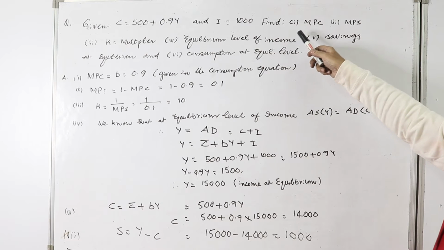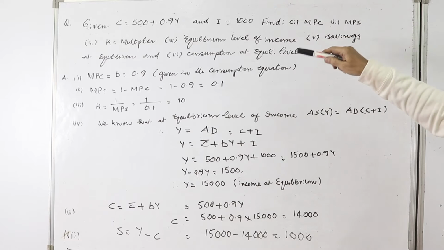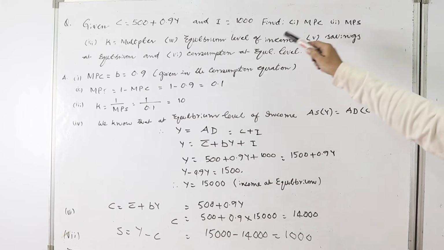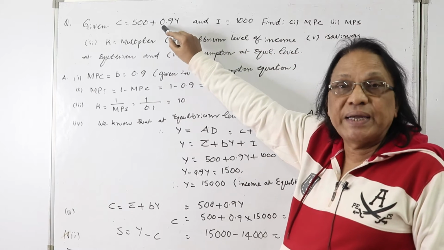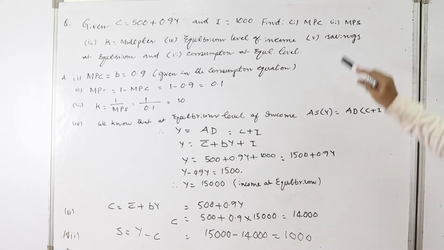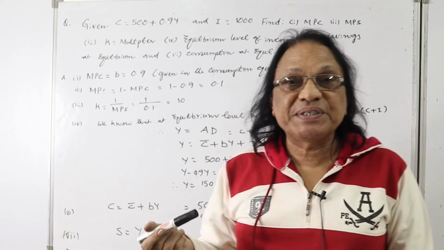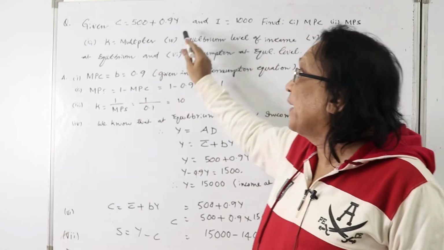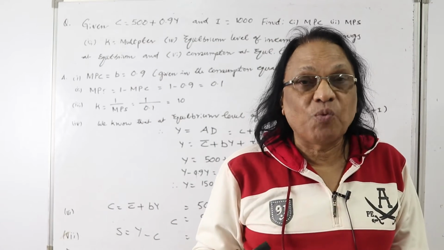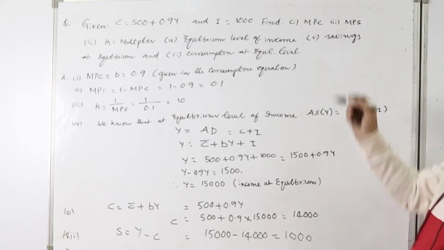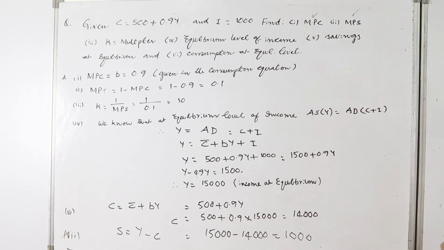Look at this, we are finding out lots of things. Given this equation, MPC is given to you as 0.9. Second, MPS is nothing but 1 minus MPC. 1 minus 0.9 becomes 0.1. So MPC we got it, MPS we got it.